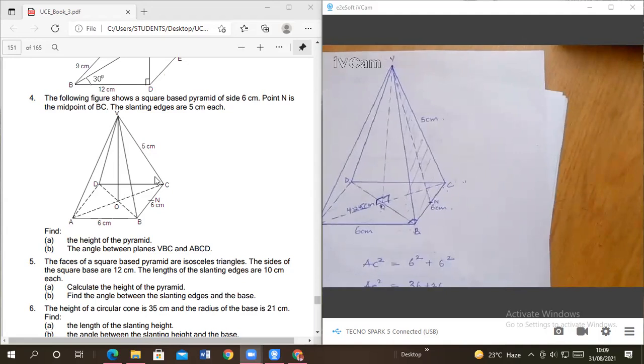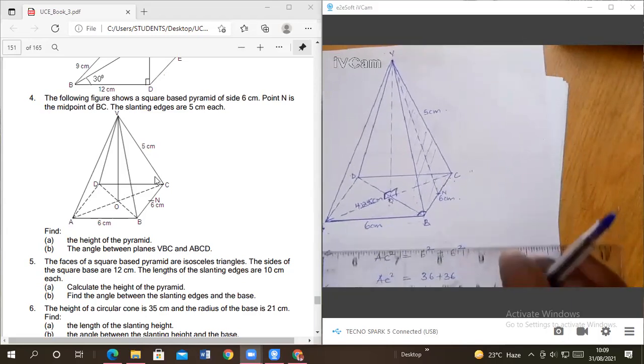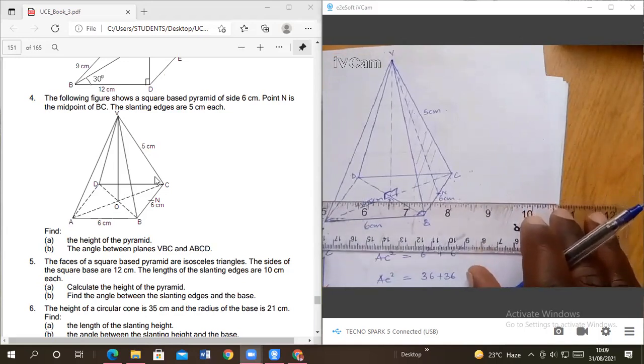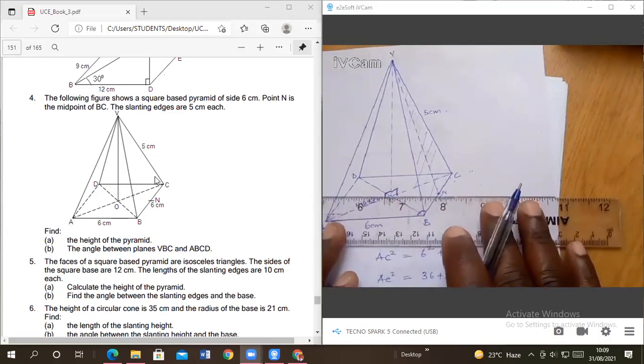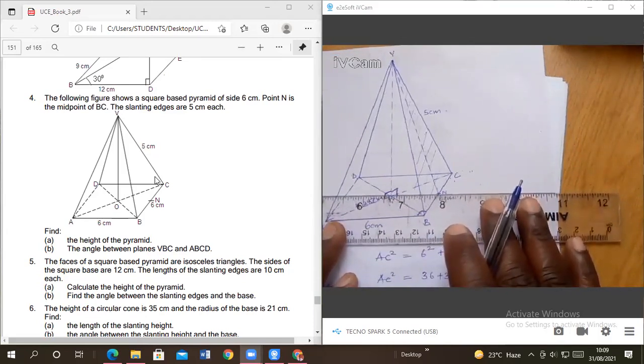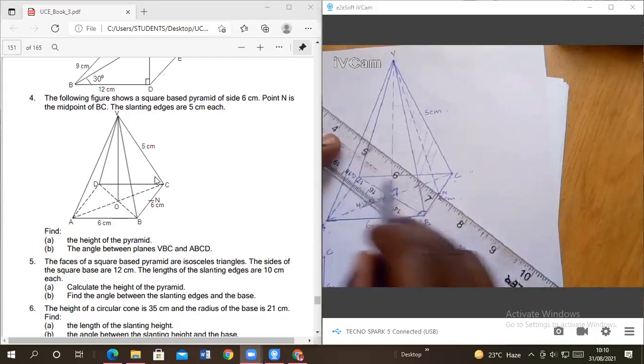Now, the other thing that I want to do, I want to draw a line that bisects the base, our plane, which is ABCD. I want to draw a line, but that line must come from point N, because point N is the point that will be common to those two lines. I don't have to draw it like this, because when I draw it like this, I'm not bisecting the lower base into two.